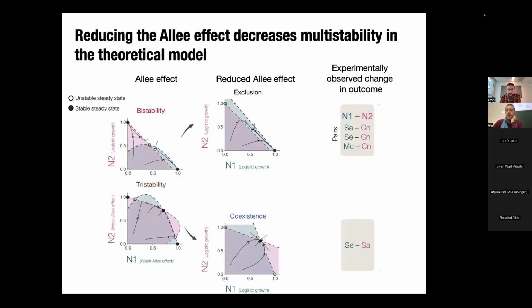But also there were many other things that could happen, like a case of tri-stability, so three alternative stable states in the presence of cooperation will change into coexistence, which means that here the blue and the red species could coexist. Actually, it should be between the two Streptococcus.